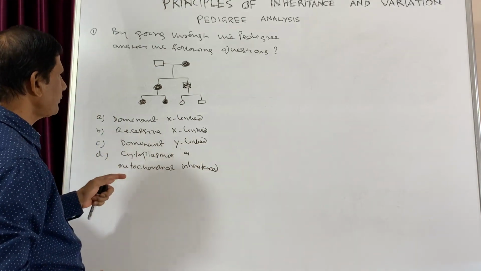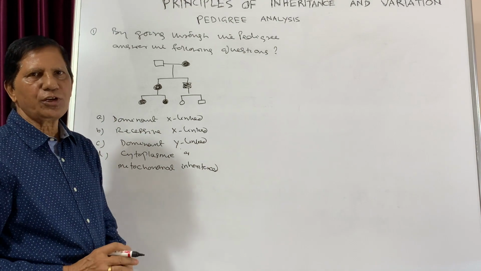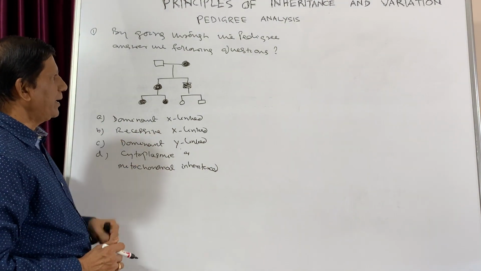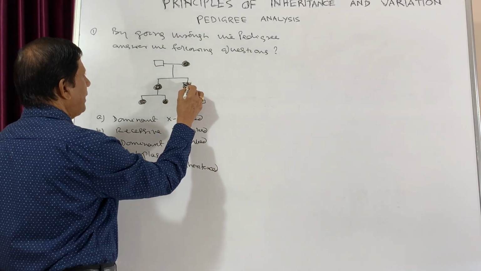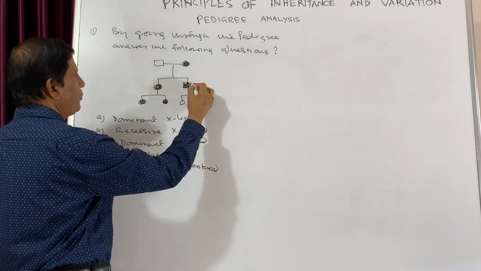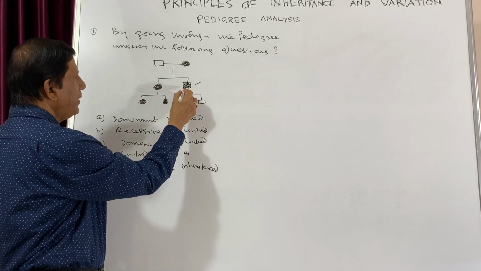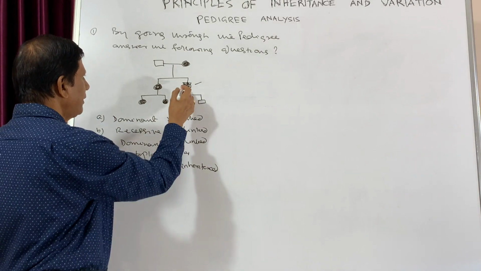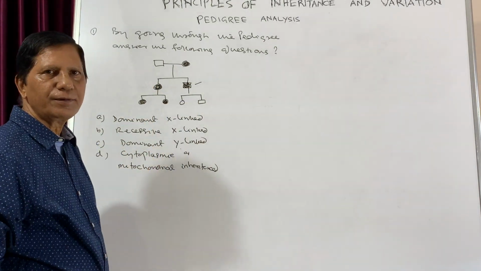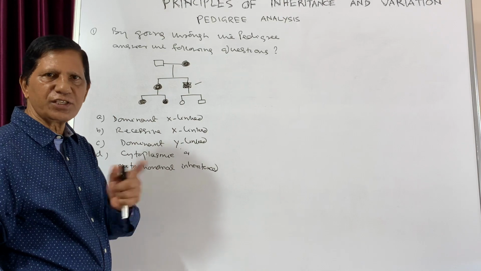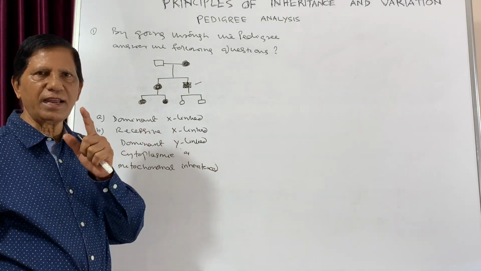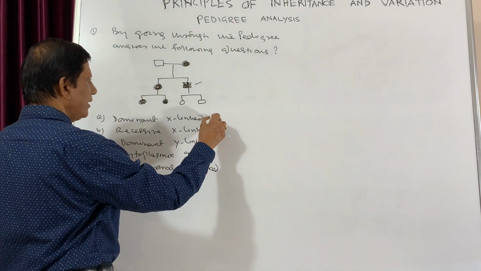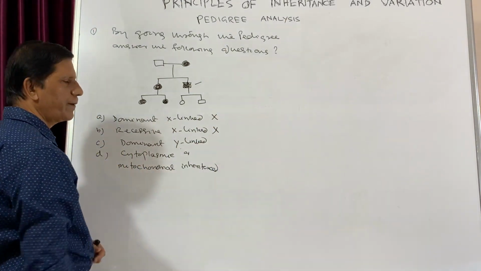So now how to solve? What is the correct answer? Now you look at the pedigree. This is the affected male. Now the affected male has an affected mother but not an affected daughter. That means there is no crisscross inheritance. That means it can never be sex-linked. So when it is never sex-linked, this is wrong, this is wrong.